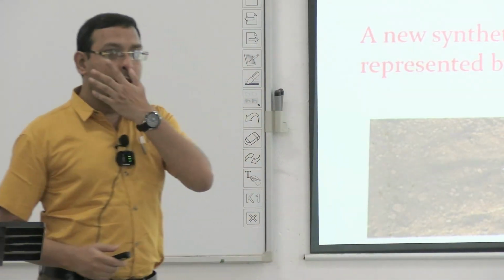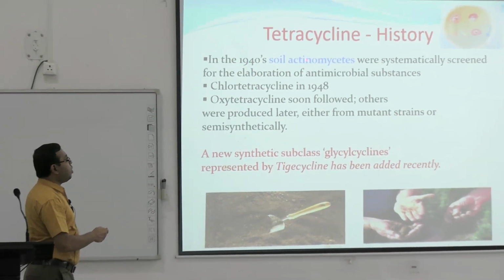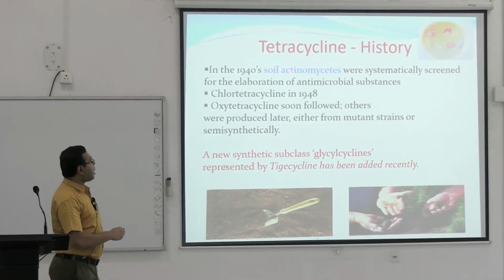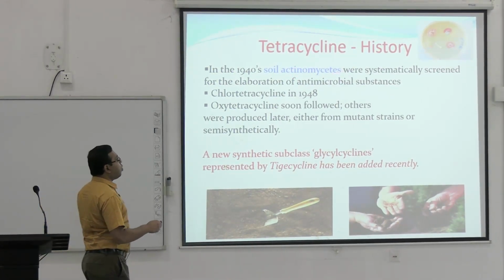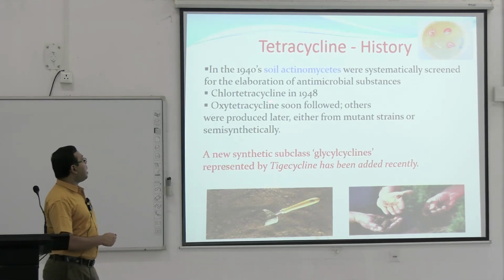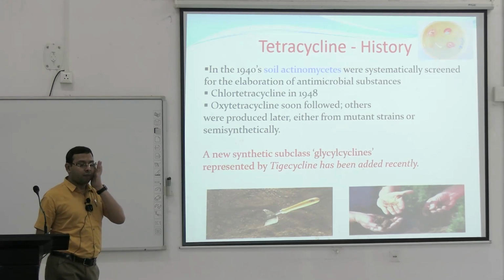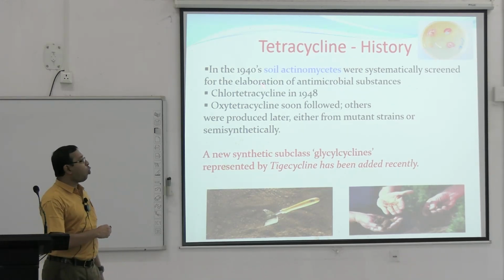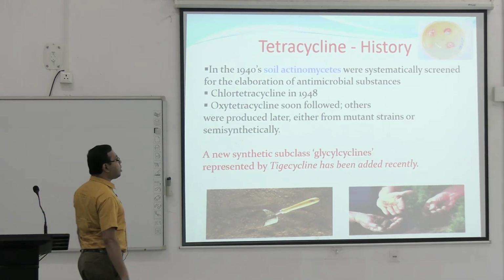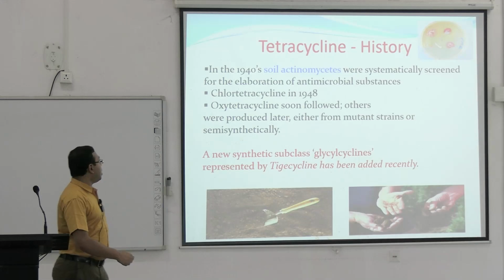So let's just start with the Tetracycline group. Tetracycline is basically obtained from the soil Actinomycetes. Actinomycetes is an organism which was systemically screened in the 1940s, and then in 1948 the first chemical compound chlortetracycline was invented, and then oxytetracycline came, and then different other congeners of the tetracycline came.